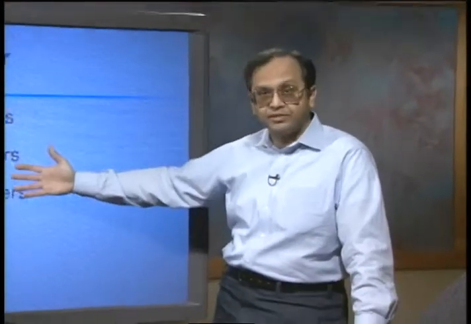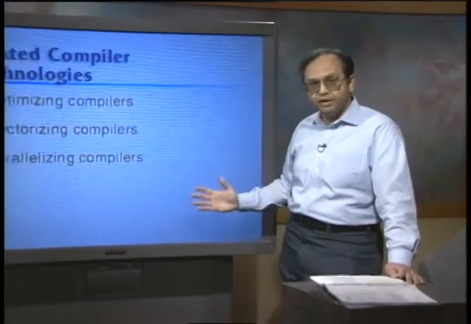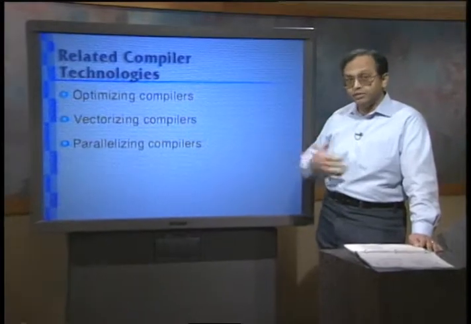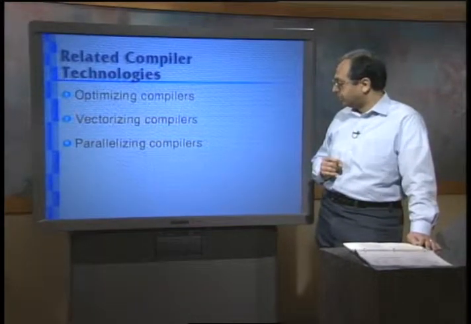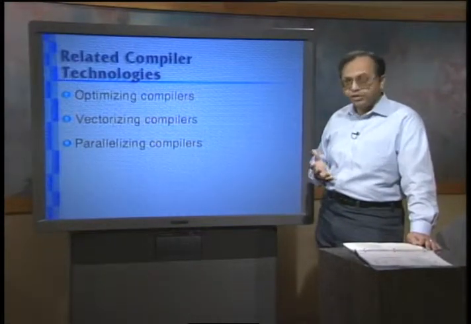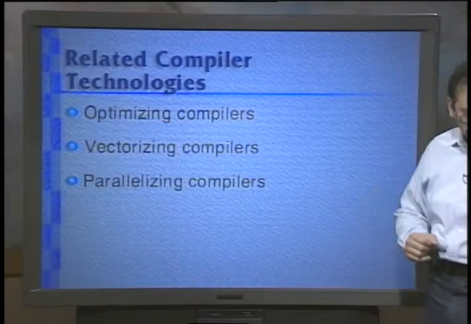However, the analysis that precedes both of these steps is extremely valuable in the ILP compiler as well. So what we will find is that an ILP compiler really draws on all these types of technologies, particularly in terms of analysis. But then there's this one big additional issue, which, as we'll find, really drives the whole compiler and its structure, namely scheduling, which is not that important over here.